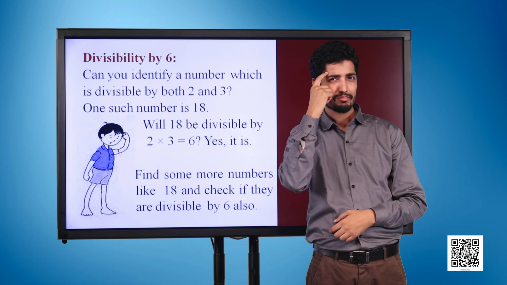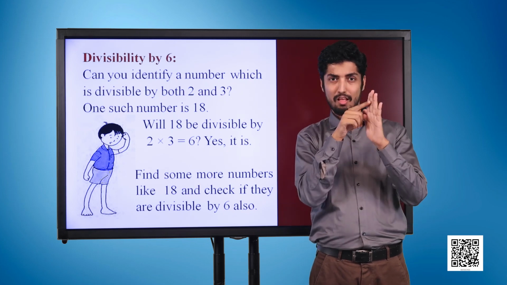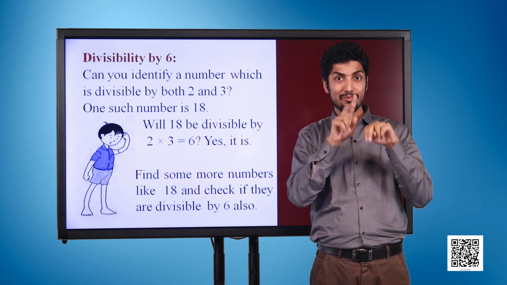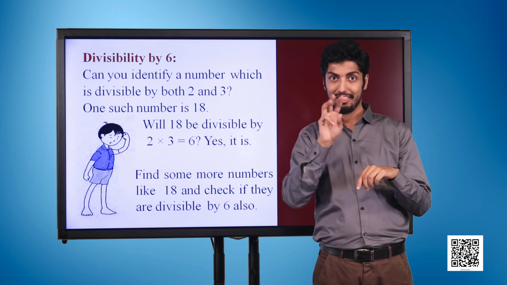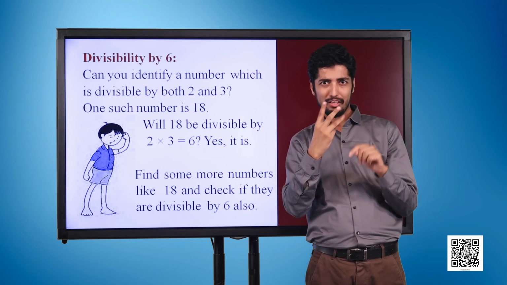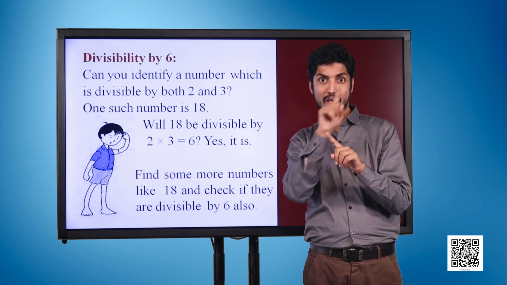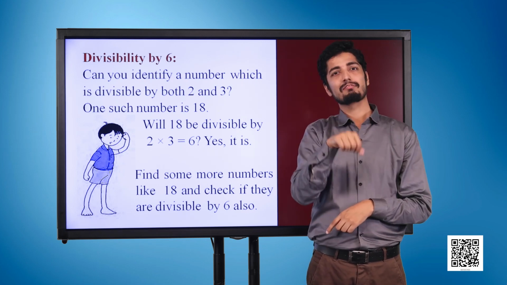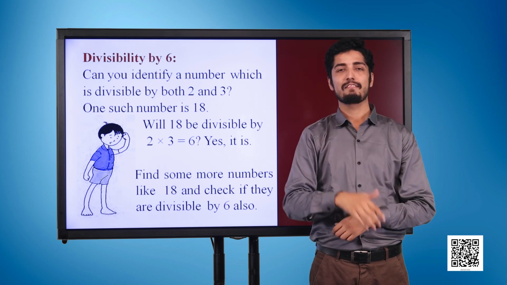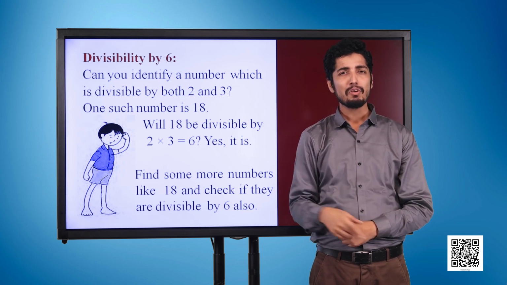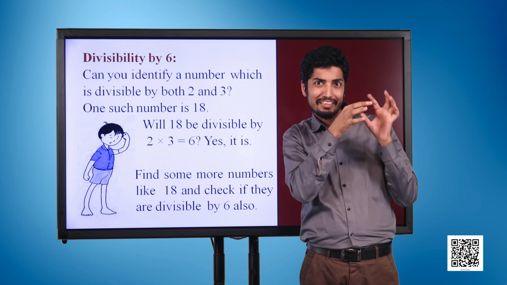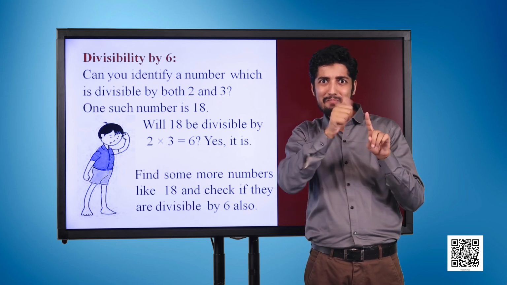Will 18 be divisible by 2 multiplied by 3 is equal to 6? Yes, it is. Find some more numbers like 18 and check if they are divisible by 6 also.